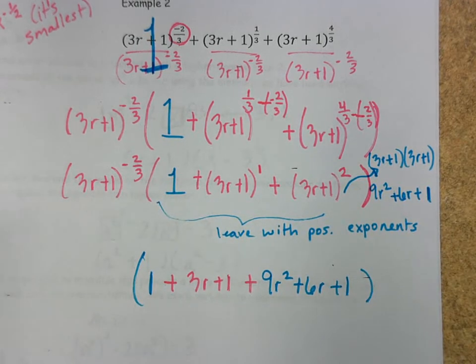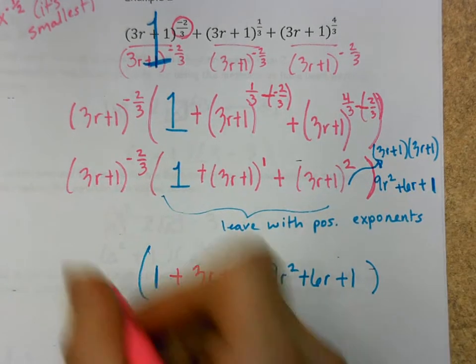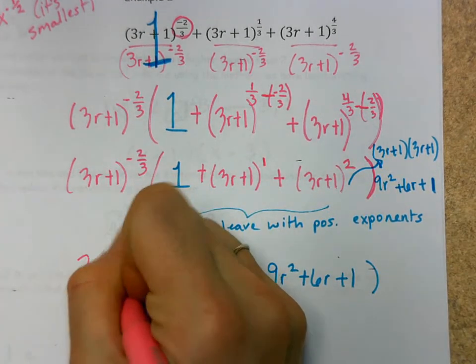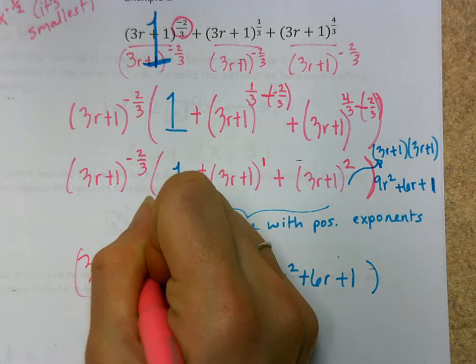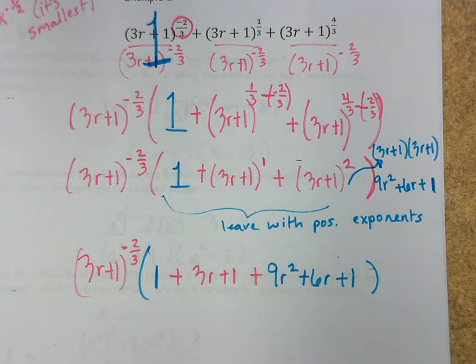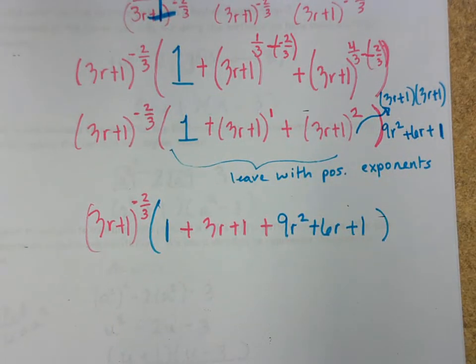This is all on the inside, and I still have that GCF of 3r plus 1 to the negative 2/3 on the outside. Now that I've multiplied that out, do you see some like terms that we can combine? Yeah, we have a 3r, we have a 6r, and we have three 1s. Now before I do that, which term am I going to put first?